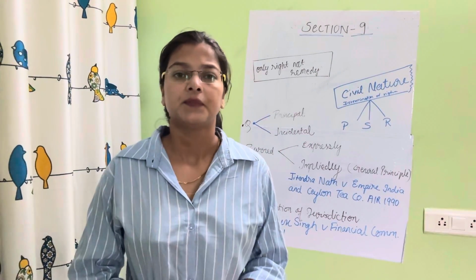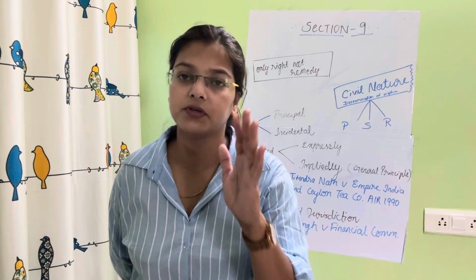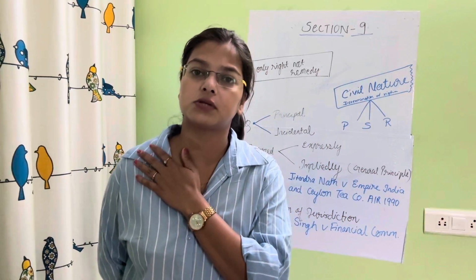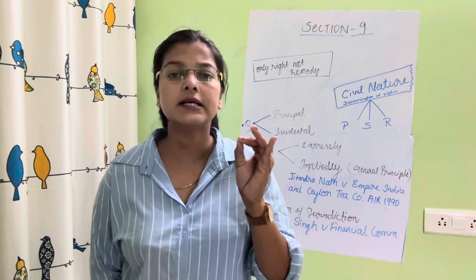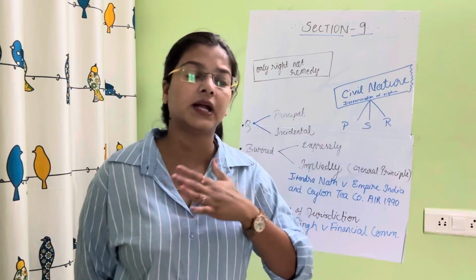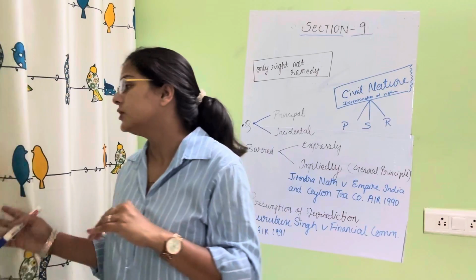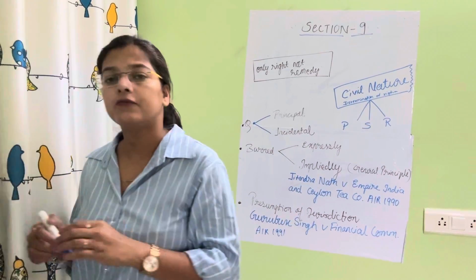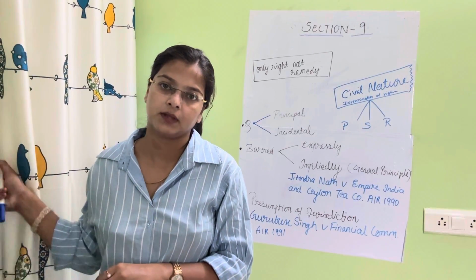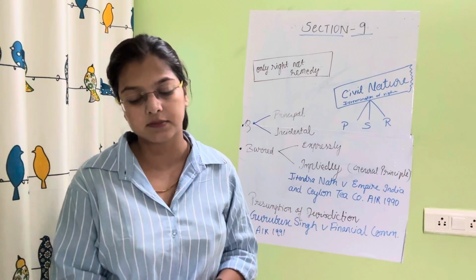Unless there is a specific provision that this kind of suit has been ousted from the jurisdiction of a particular court, we presume that the court has jurisdiction. Then the general rule is that the court has jurisdiction. So every civil suit is cognizable unless it is barred. Understood? The general rule is every suit is cognizable unless it is barred.